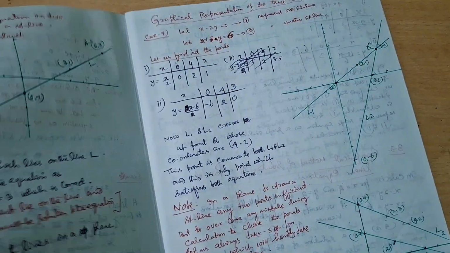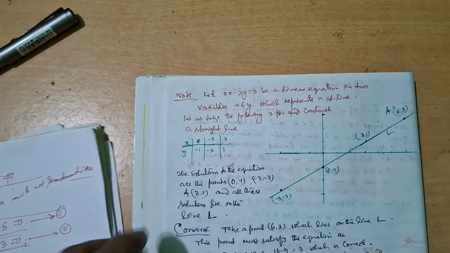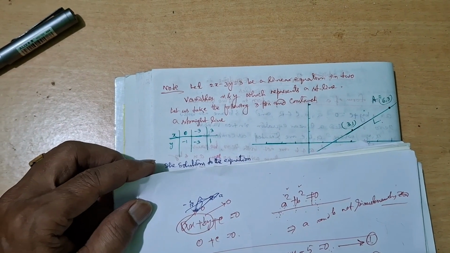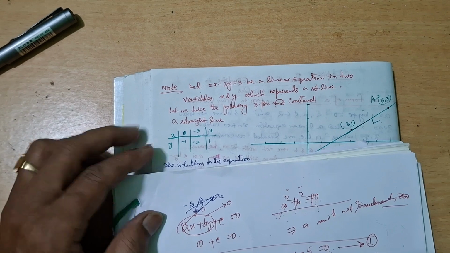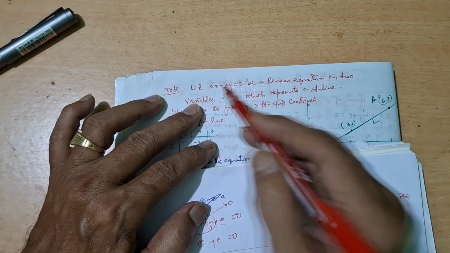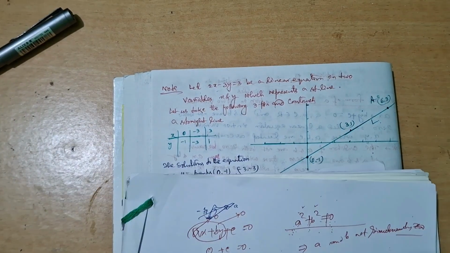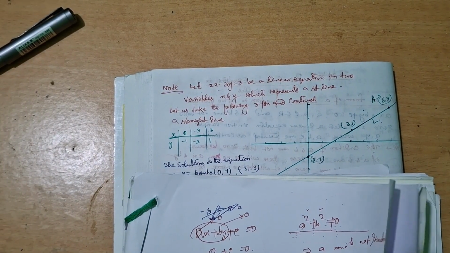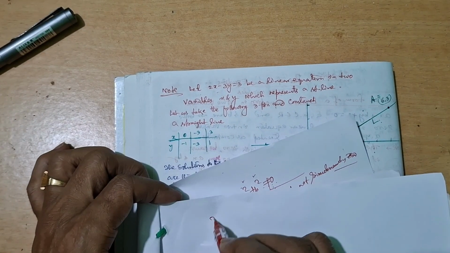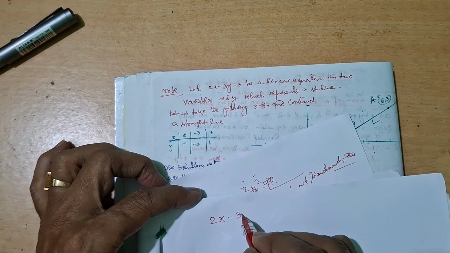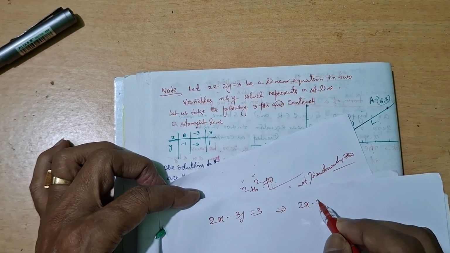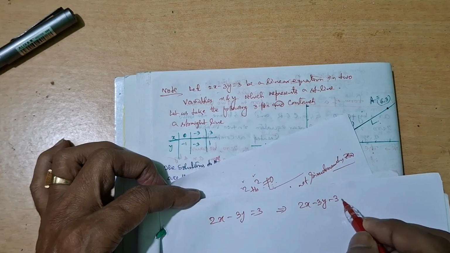Now come to this. Let 2x minus 3y is equal to 3, which implies 2x minus 3y minus 3 is equal to 0.